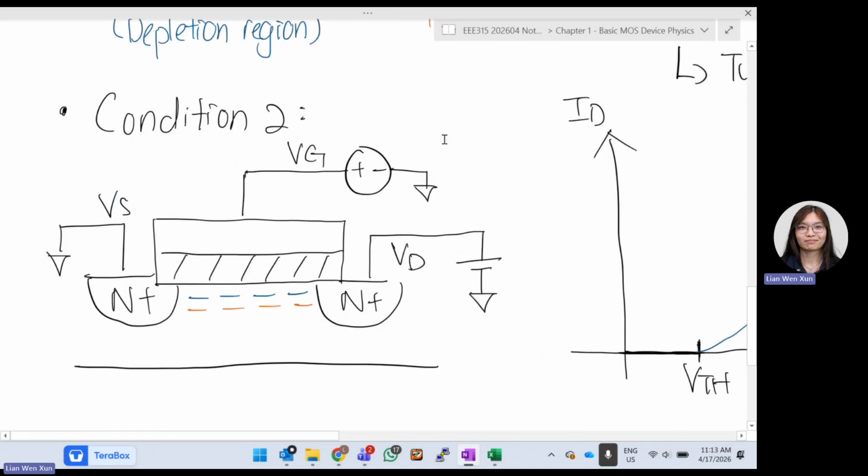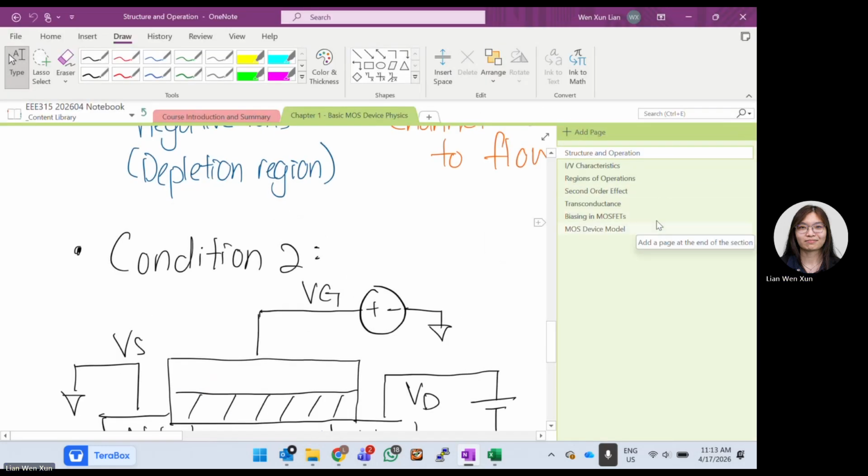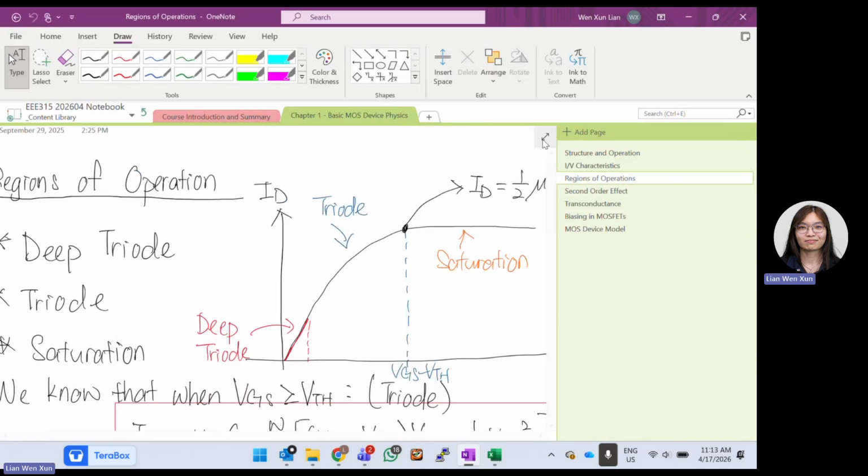Let's say the source is 0 and the drain has some voltage, then current can flow from drain to source. Now if VGS is already more than VTH but our drain voltage is much lower, it is not enough to push the current yet. So we call that the deep triode region.